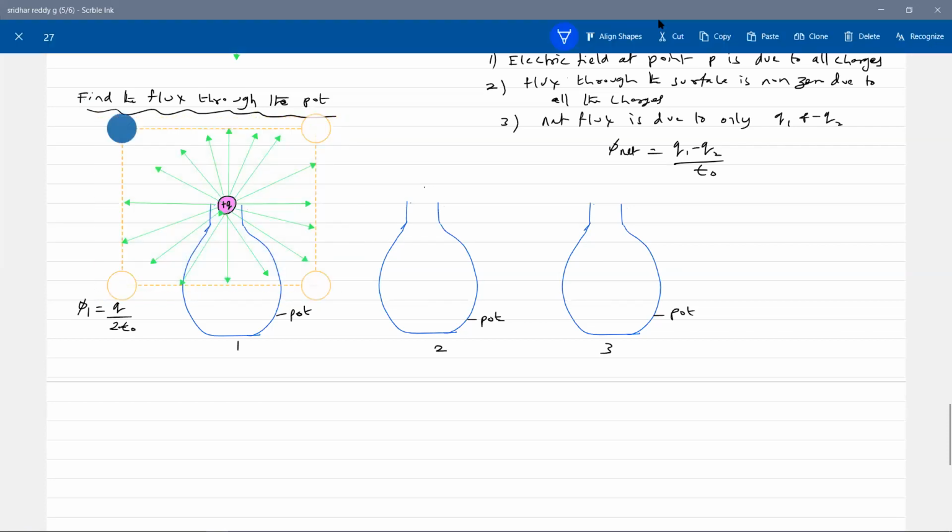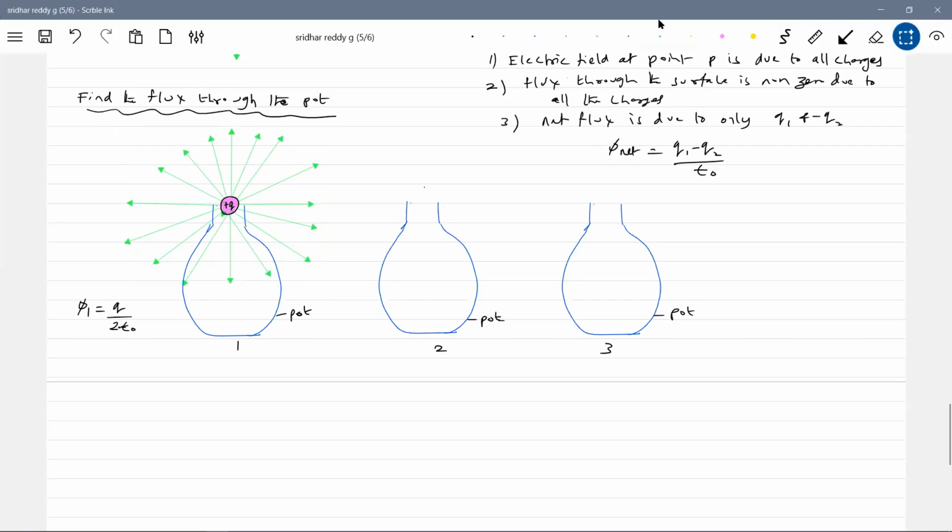Oh, no. Those lines are also coming, no? What to do now? I'll redraw it. This line should not come.